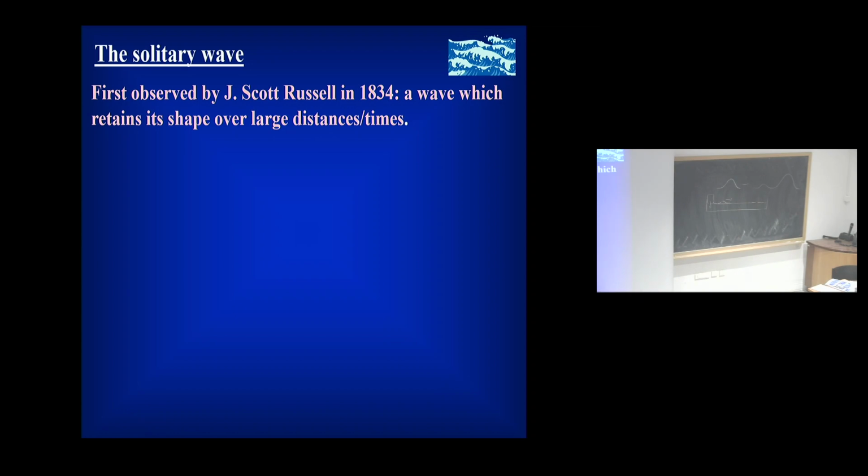Obviously, he didn't know what he was looking at, and he didn't make any comments about the fact that the one had broken into two. But his pictures are absolutely clear, that you've got locally two solitary waves, and the larger one, traveling faster, is at the front.